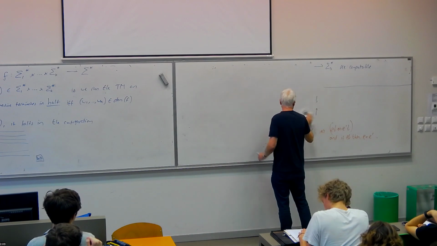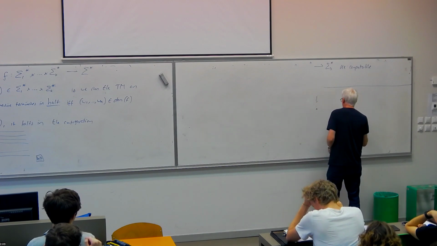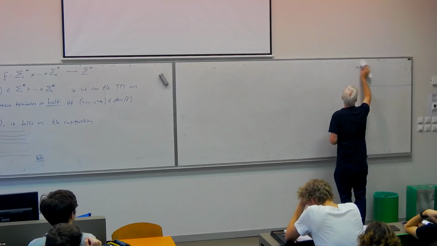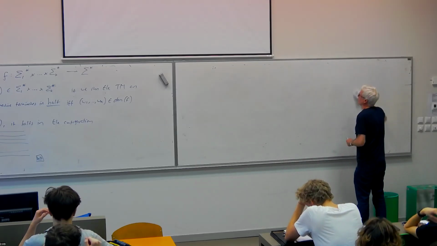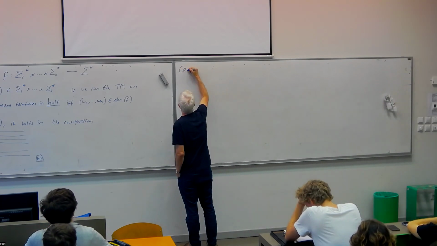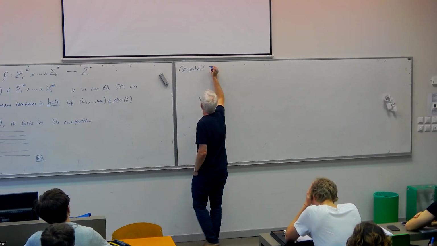And having already done functions of several arguments, just to keep things simple, let's look at functions of one argument over the natural numbers. So I want to define computability, and I think you've probably done things like this in the exercise class already.